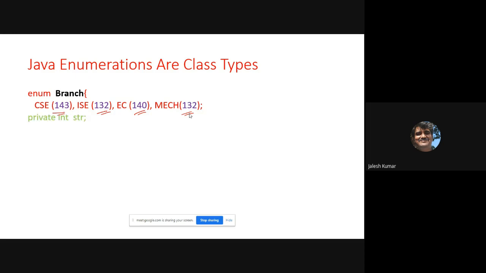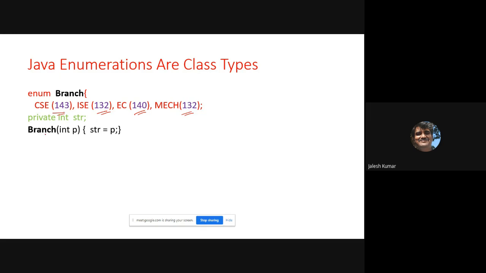Not only that, I can declare one variable, private int str, I'll make it private. Then I'll write a constructor. In the beginning I told you can write instance variables, instance methods, and you can write constructors also, is it not?